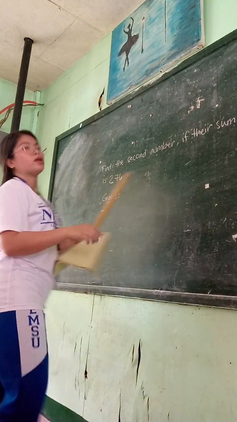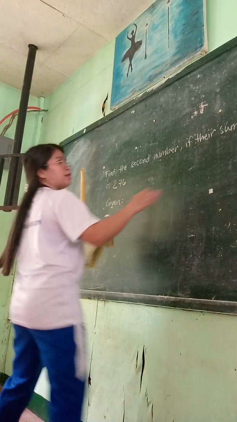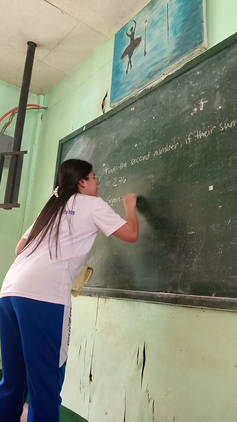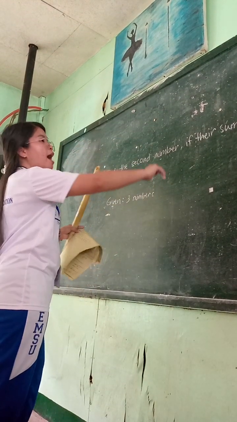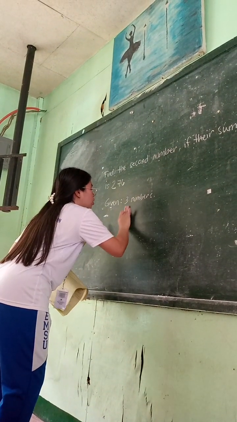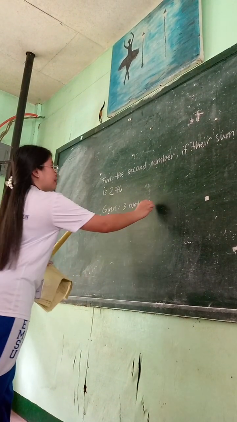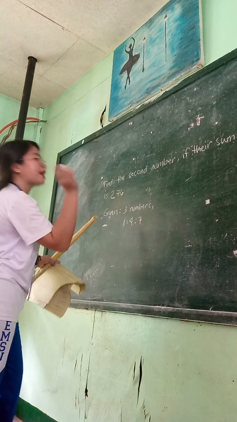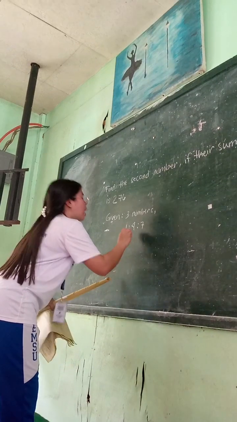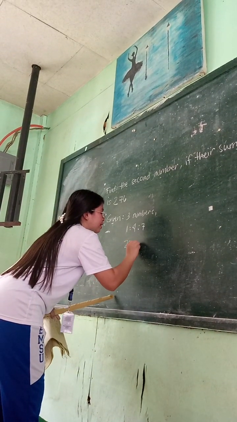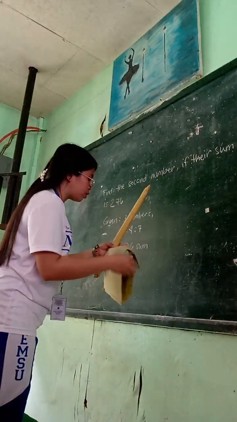There are only three numbers in the ratio 1 is to 4 is to 7, and the sum is 276.